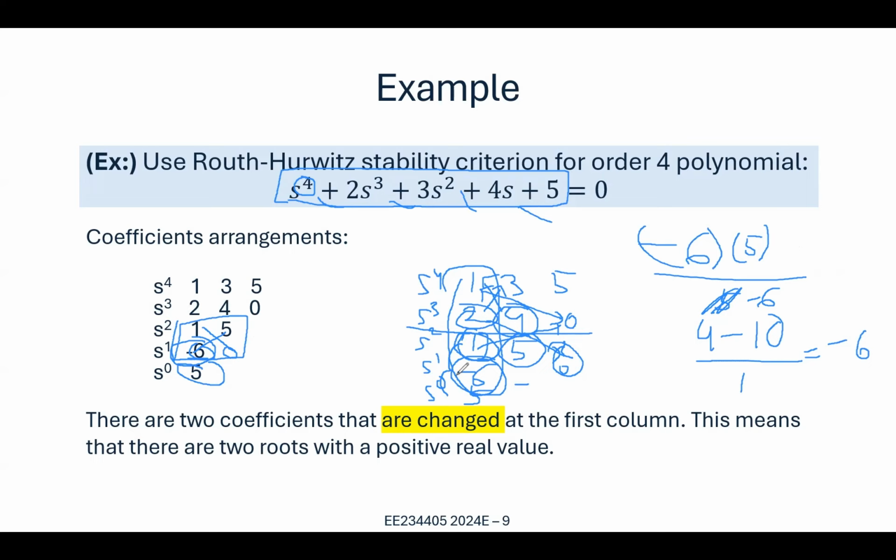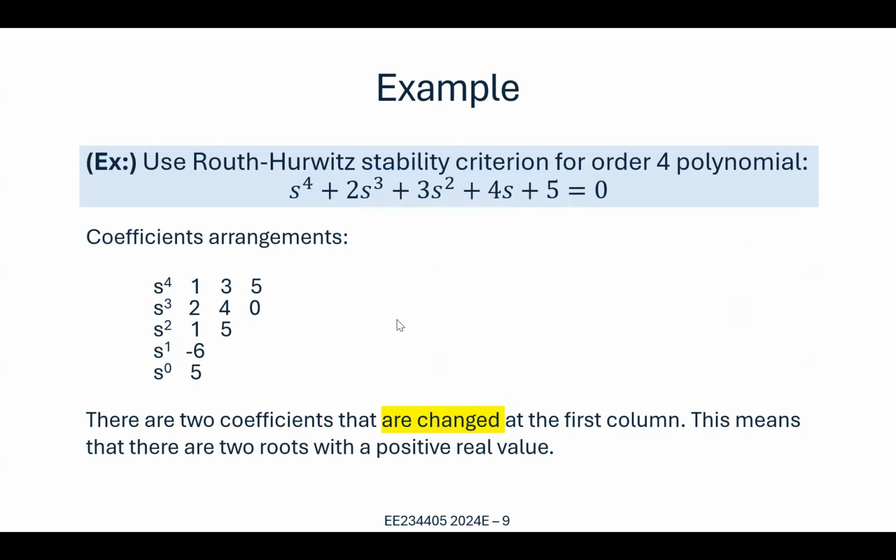So there are two changes of the sign, which means that we have two roots that have a positive real value. So that's how we do the stability criterion of root orbits.